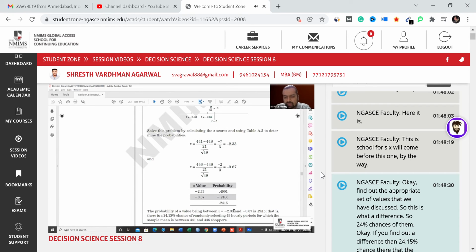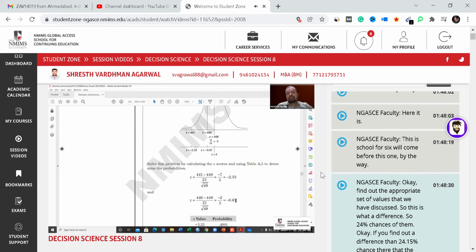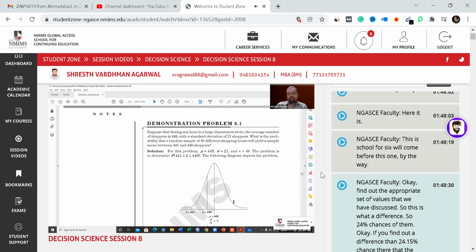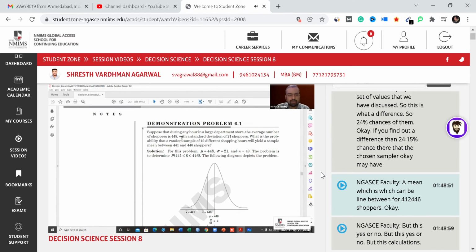So this is the difference: 24.15% chances are there that the chosen sample may have a mean lying between 441 and 446 shoppers. Got this? Yes or no? Calculations?